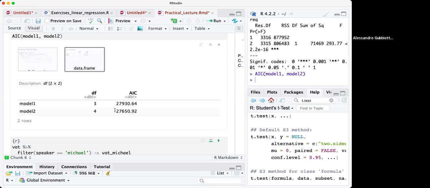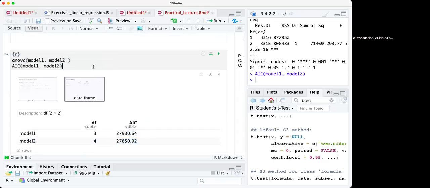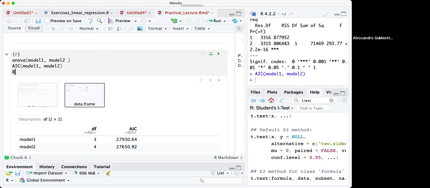And you can see also because this AIC is, I guess the last two letters stand for information criterion. The A, I don't know for which word it stands, but the smaller the better. And there is also the Bayesian information criterion.